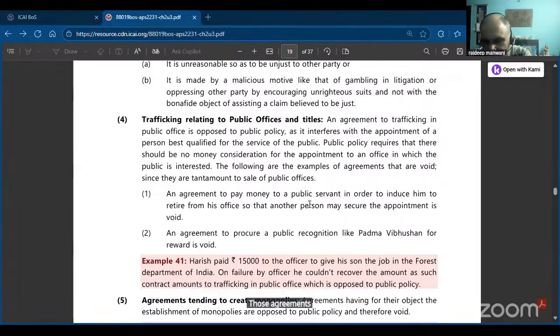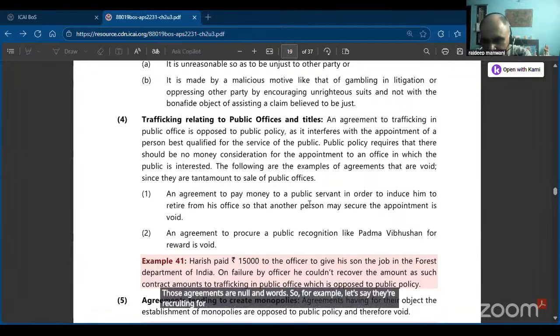For example, let's say they're recruiting for IPS, Indian Police Service, and let's say Adrut has applied for it. He's been shortlisted for the interview. There are 50 candidates for the interview. He's cleared the physical examination and the IPS written examination. And of the 50 in the interview, only 5 will be selected.